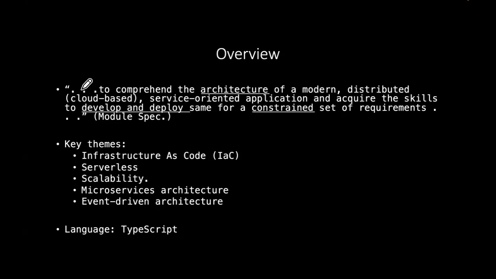What it's saying is that the objective of the module is that students would be able to comprehend the architecture of modern distributed systems. And by distributed, really today we implicitly mean cloud-based.